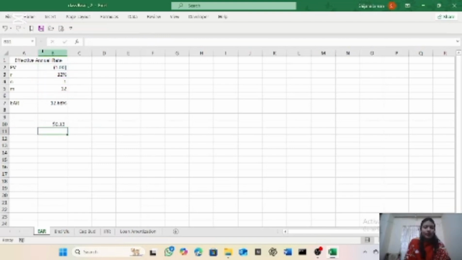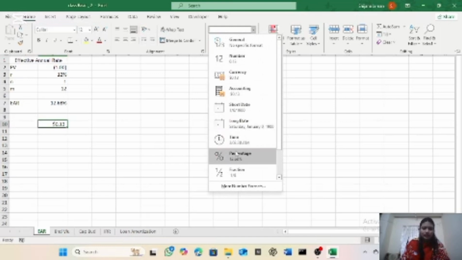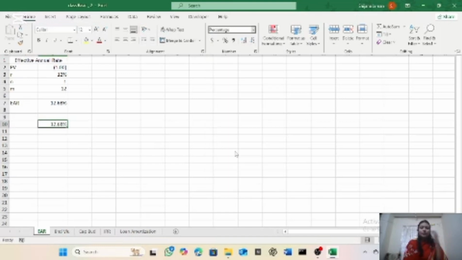Yeah, this is our effective annual rate. Now we are converting it into percentage. Yeah, 6.12%. Our effective annual rate is 6.12%.